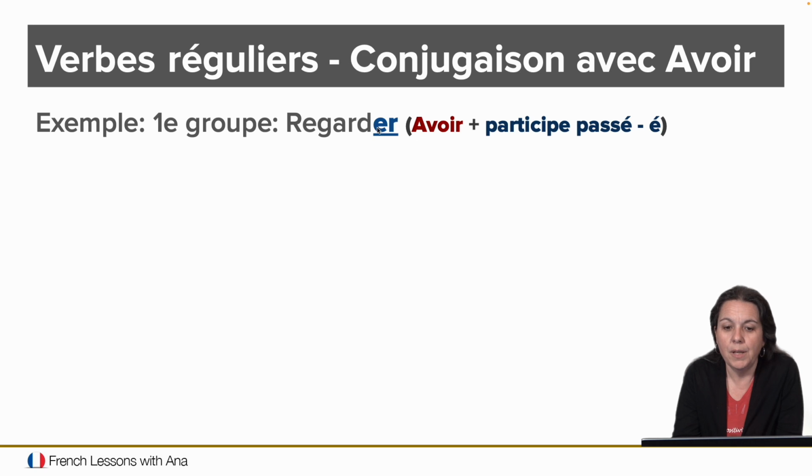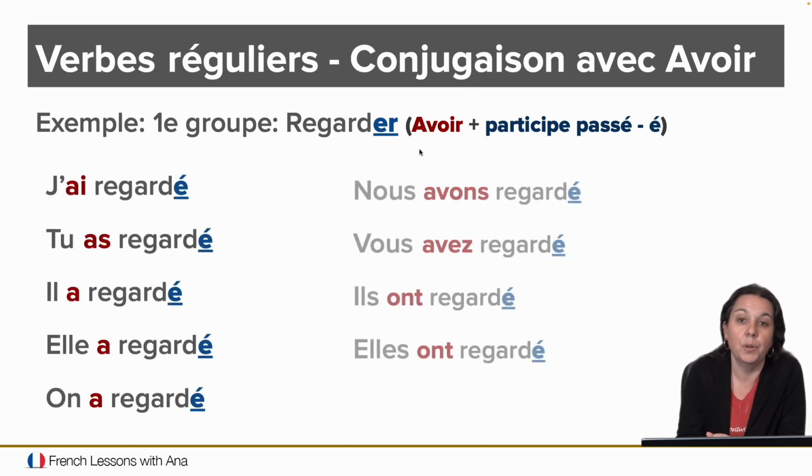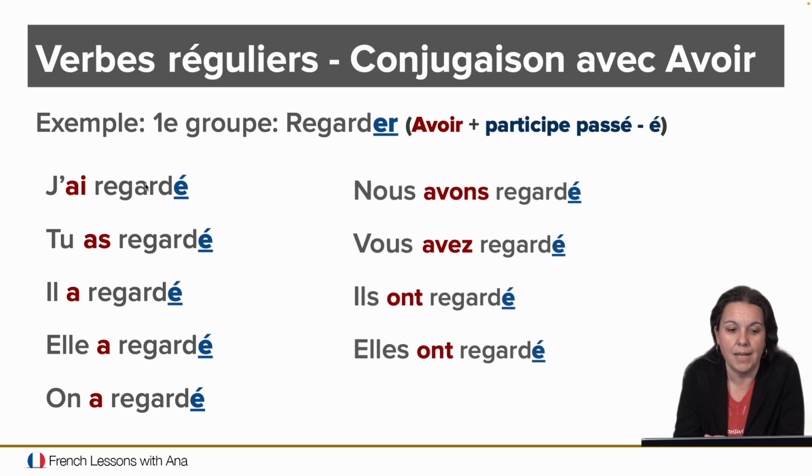And this verb is conjugated with avoir. We will see which ones take être in a minute, okay? It's a handful of them. So, regarder needs the helper avoir, and then the participe passé becomes é with that accent aigu because it's an ER verb. Now, how do we conjugate this guy? Well, the verb avoir needs to be in the present tense.